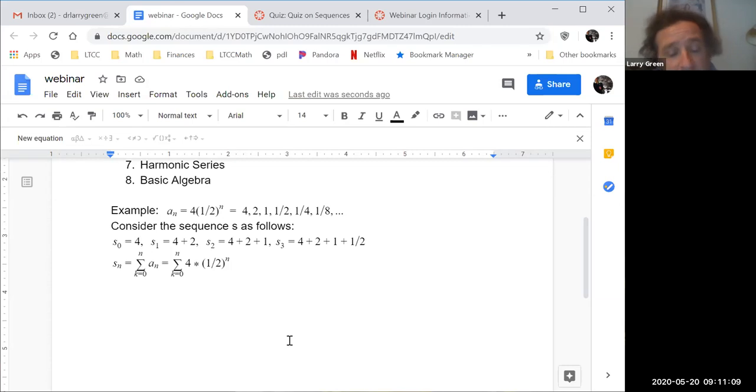Okay, so now let's define it. Now that I've kind of done it by example, now let's have the formal definition, which is kind of up there already. So this is the definition.